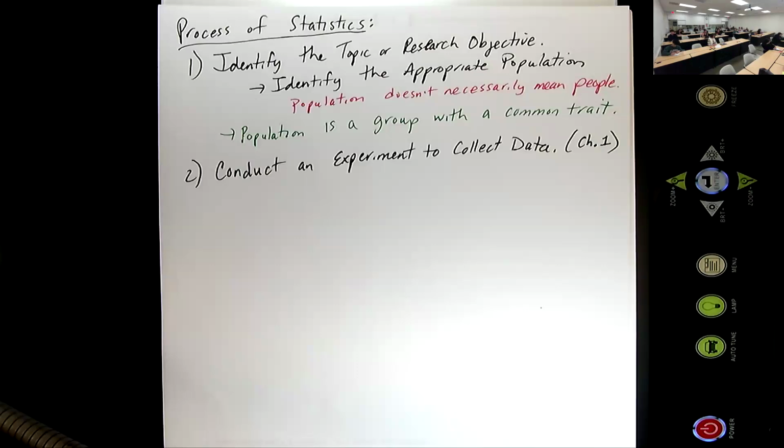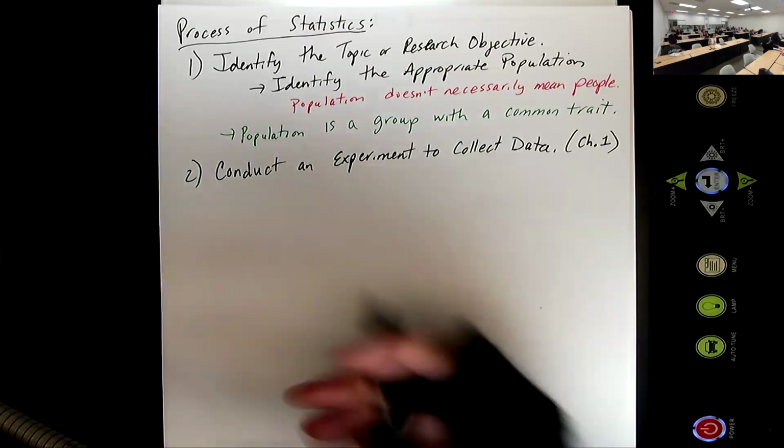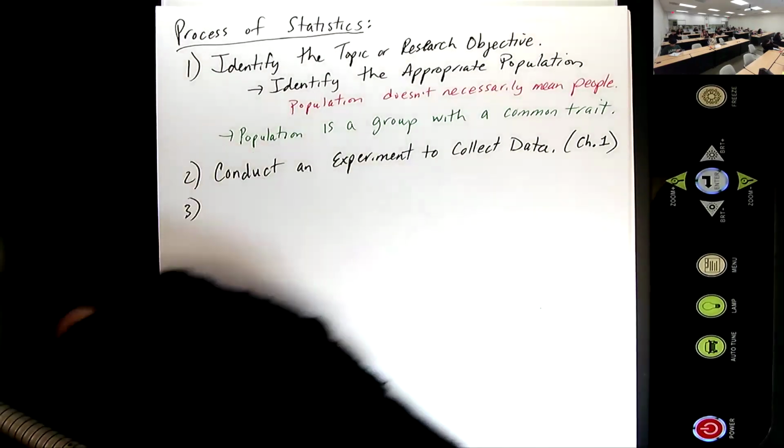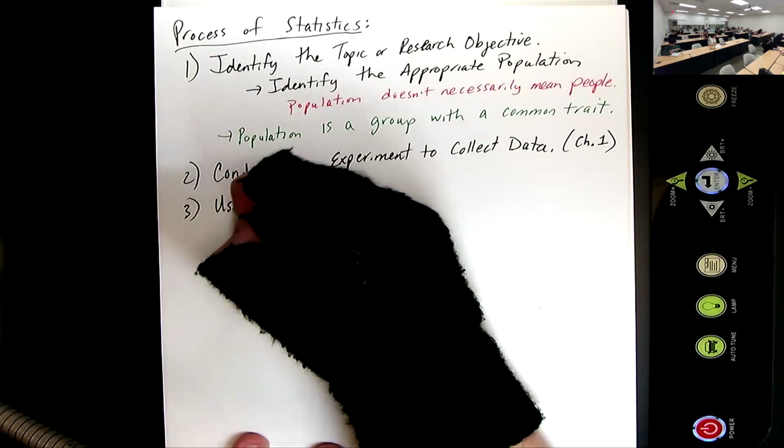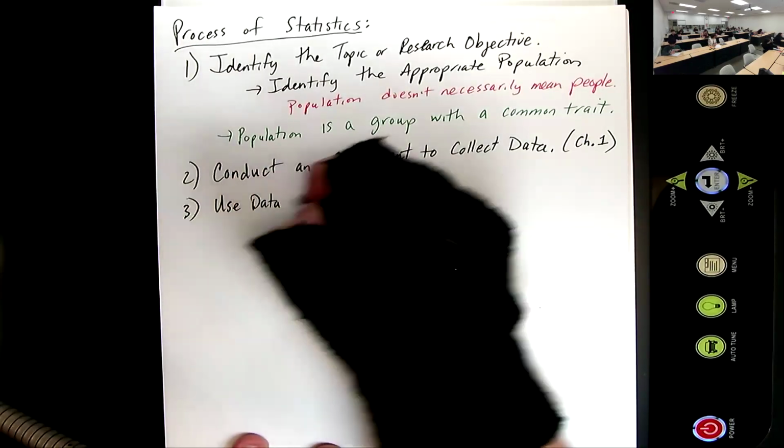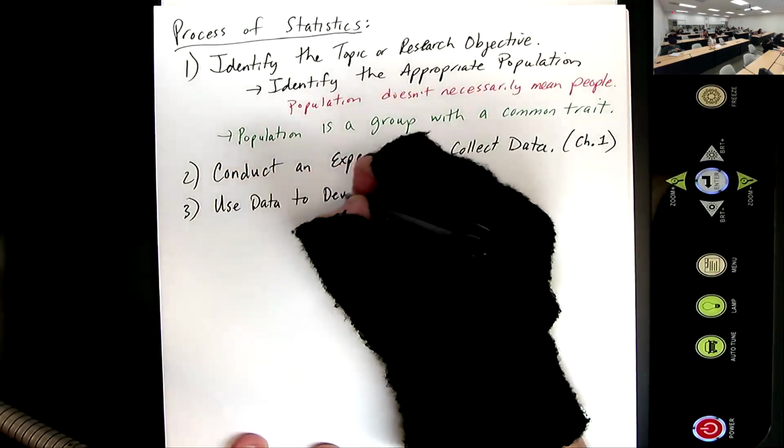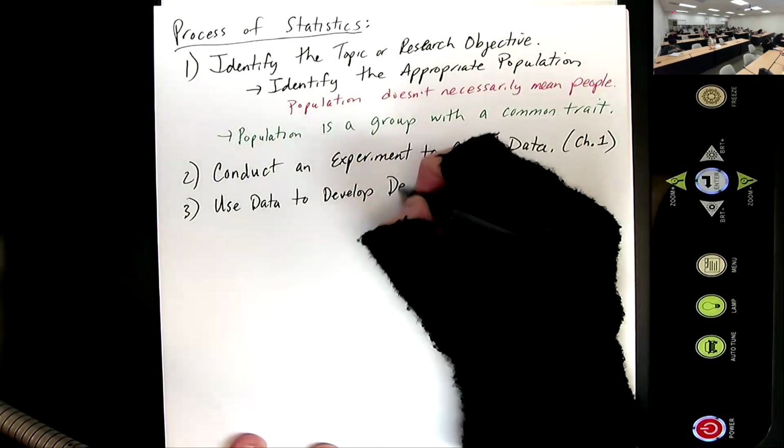And like I said before, the data itself isn't necessarily helpful, so we're going to get a numerical summary. The numerical summary, category wise, we call descriptive statistics. We're going to use the data to develop descriptive statistics.